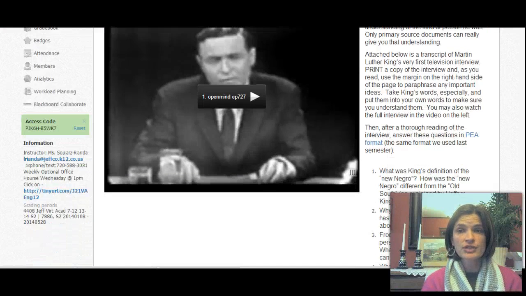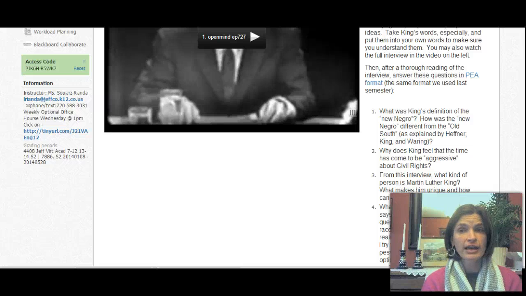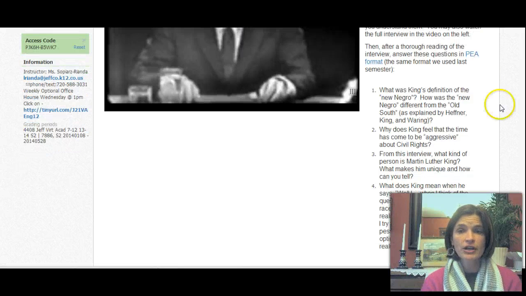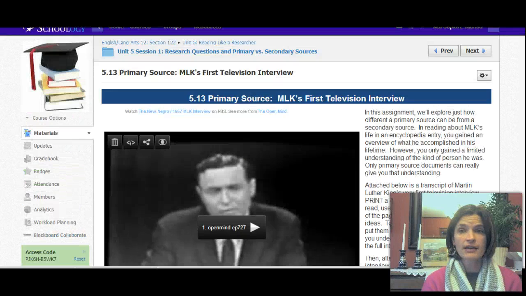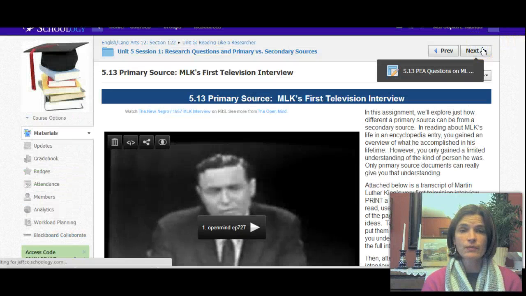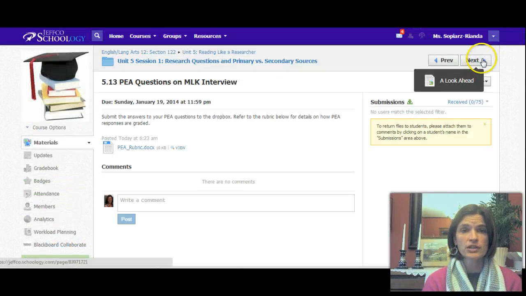And then using PIA, remember point, evidence, and analysis format, click right here if you need a refresher on what that is. Be sure that you answer all of these questions 1, 2, 3, and 4, in complete sentences using point, evidence, and analysis. And then on the next page, you'll submit those PIA questions on the MLK interview.